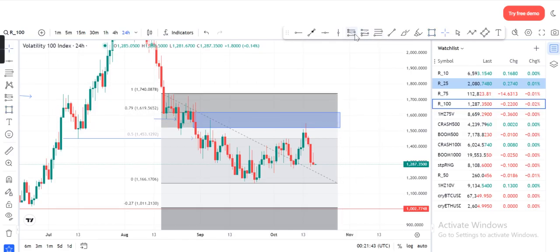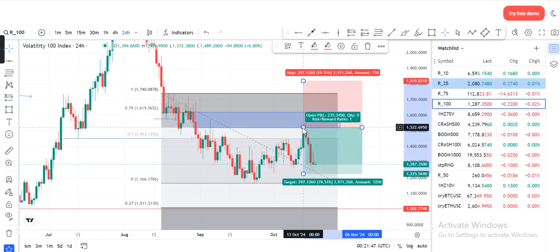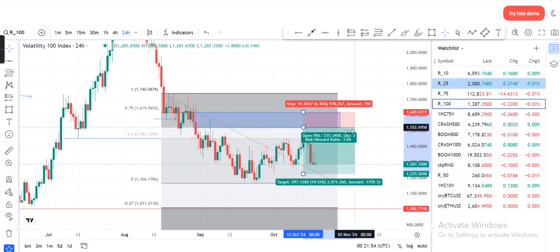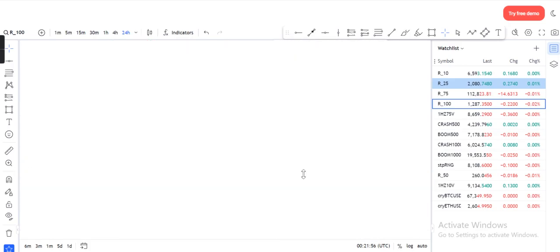So we clearly see that market came into the 0.618 level, and then this is a short from this point. This is a short from that point, and then where will we be targeting?